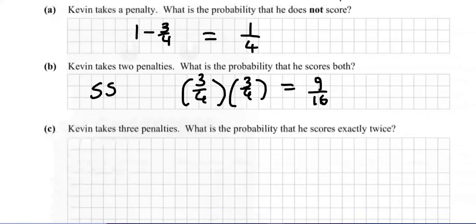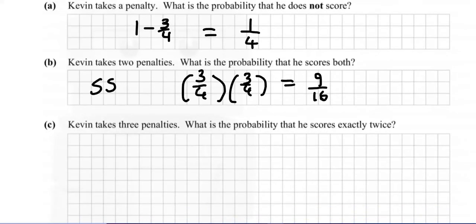Kevin takes 3 penalties. What is the probability that he scores exactly twice? Okay, so score, score, no score; score, no score, score; no score, score, score. So that's how many different ways that can happen.